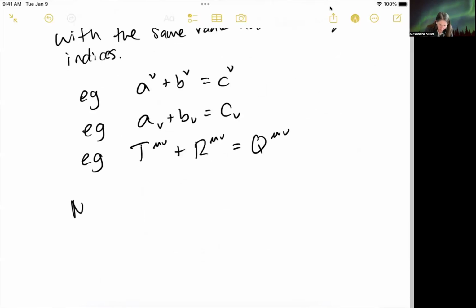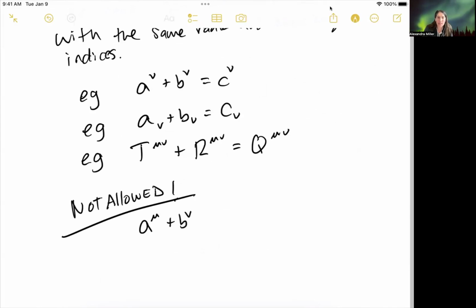Some things that are not allowed are A mu plus B nu. This doesn't make any sense, so this is just not something that we can do. A mu nu plus B sigma, we can't do that.